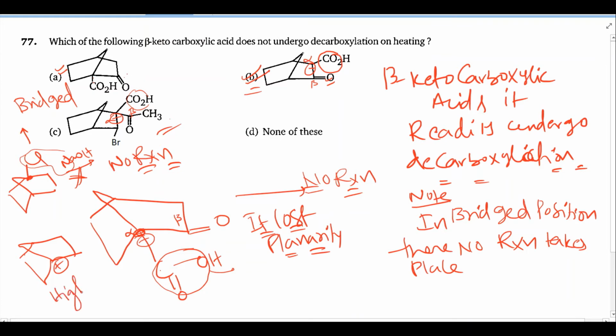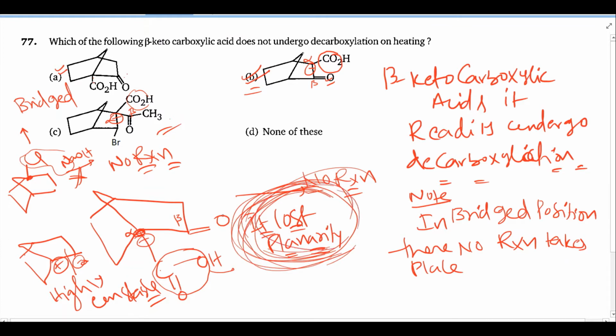Whether it is a cation or an anion, it is highly unstable, because it loses planarity. Understood? So make a note: in the bridged position, no reaction takes place. That means no addition, elimination, substitution or rearrangement.